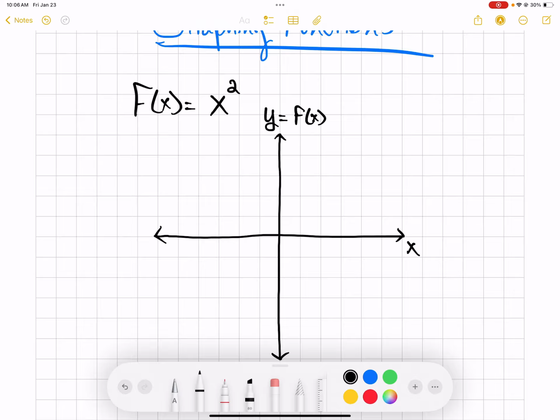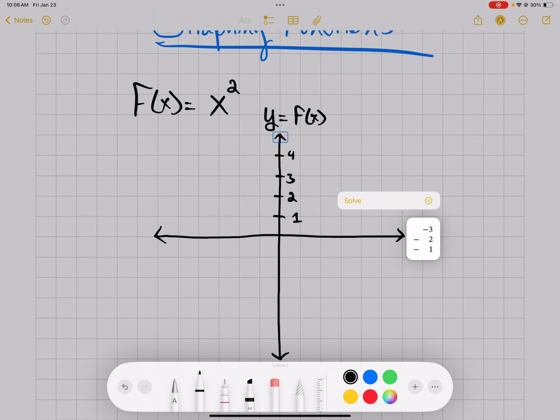Now, how do you actually go about graphing functions? That's what I noticed a lot of people could use some additional instruction on. Before I continue explaining, let me finish writing out my axes.